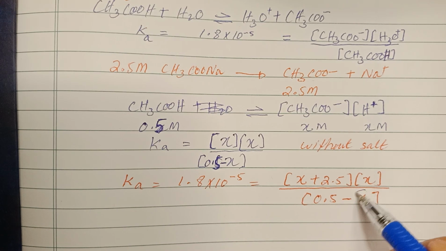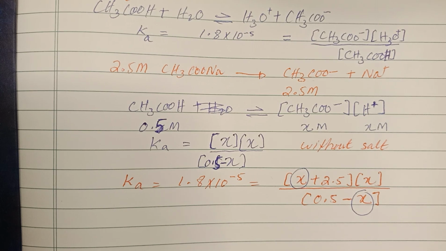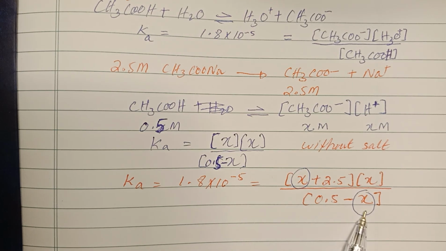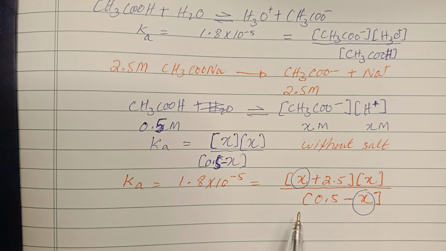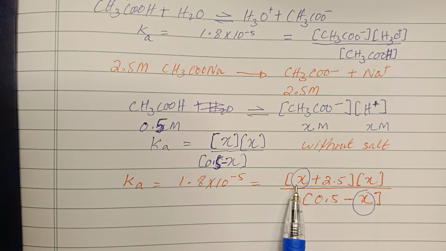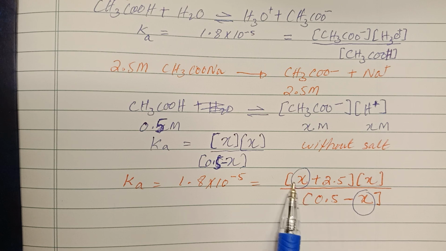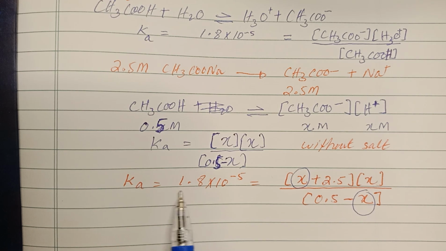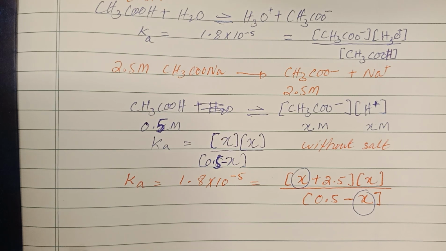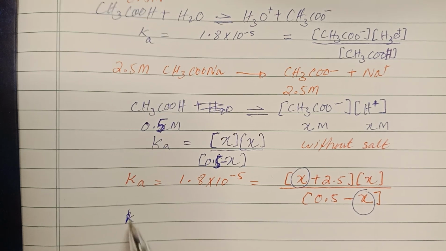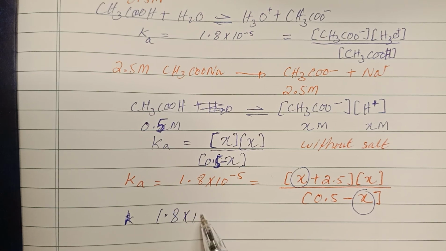For simplification, these concentrations can be ignored because the contribution of these factors is very small, and addition or subtraction of these factors cannot affect the overall value of the equilibrium constant. So we can reduce this equation to 1.8 into 10 to the power minus 5.